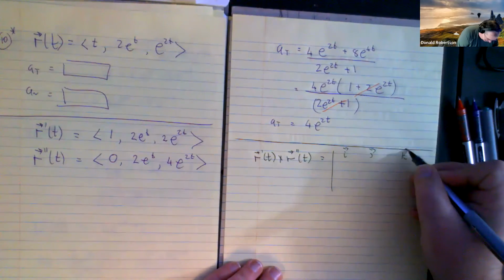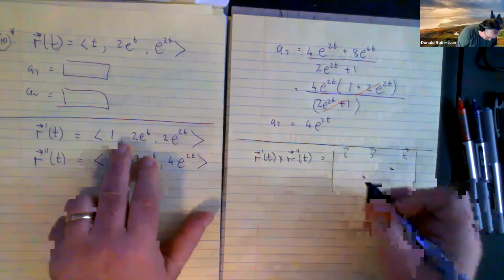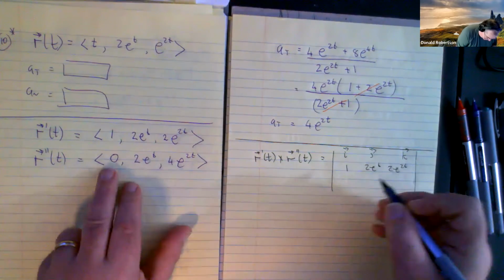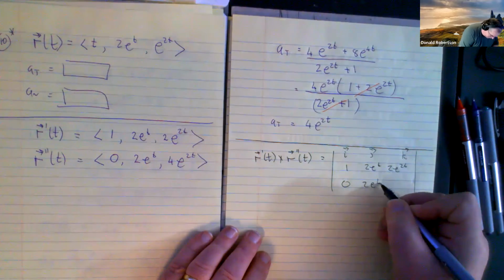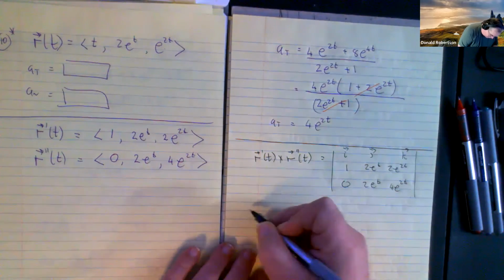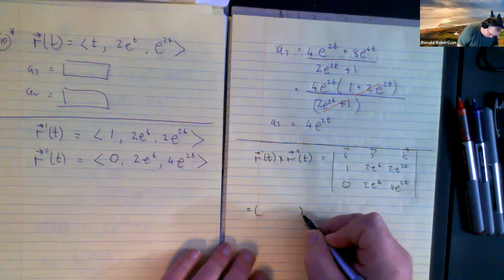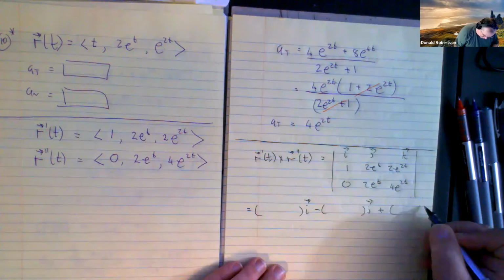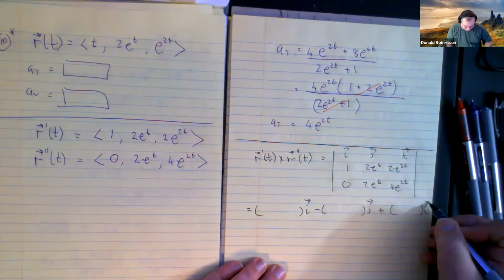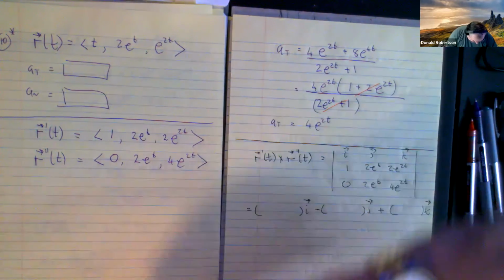And this looks like that, and this looks like that. So it's going to be so many i's, take away so many j's, plus so many k's. Right, cover it up.